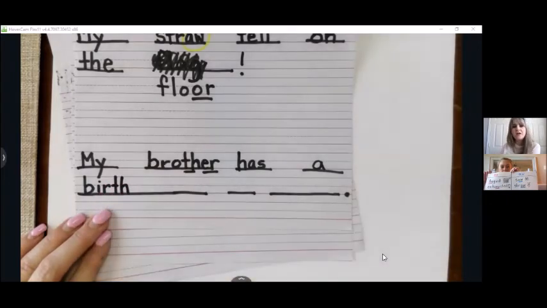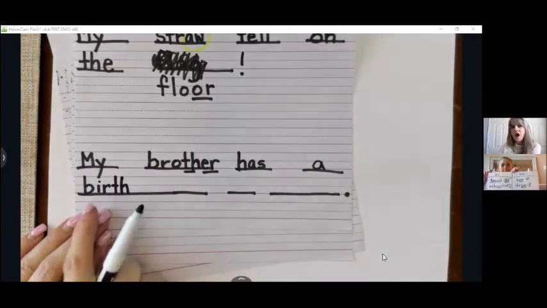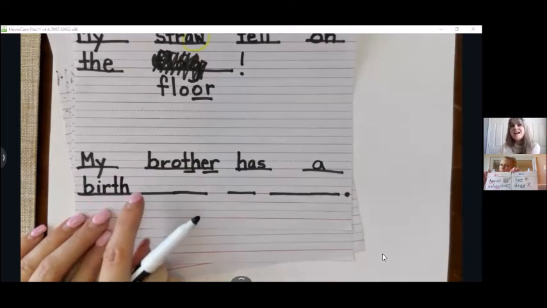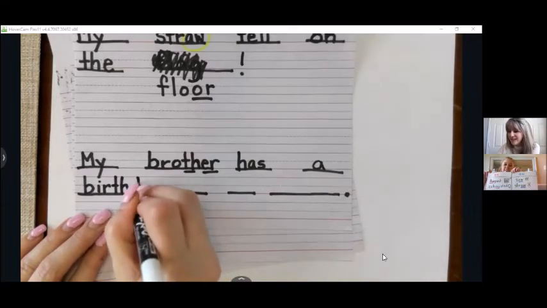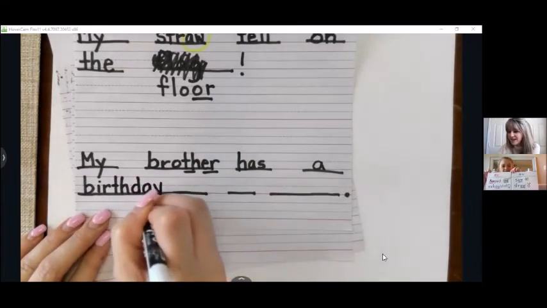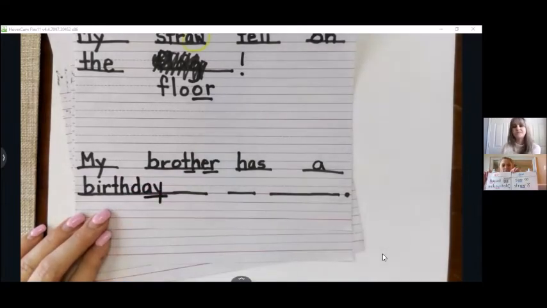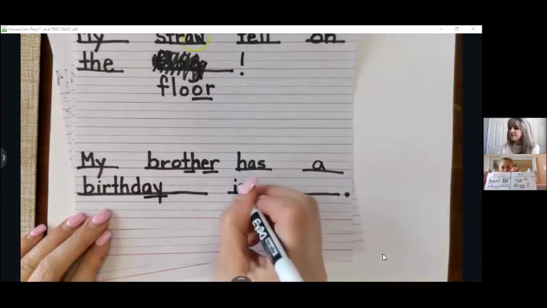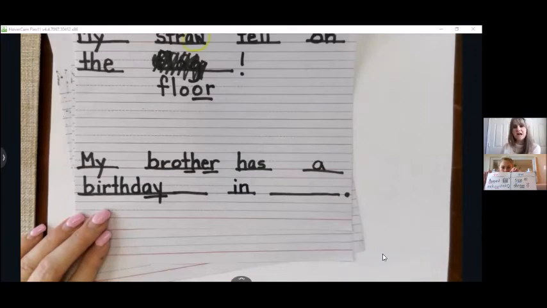Digraph says birth. TH. Oh, this is a compound word, Ms. Grissom. Ooh. Birth. Day. I know how to make the word day. It's got that ending AY sound. So my brother has a birthday in, and there's another one of those easy snap words.